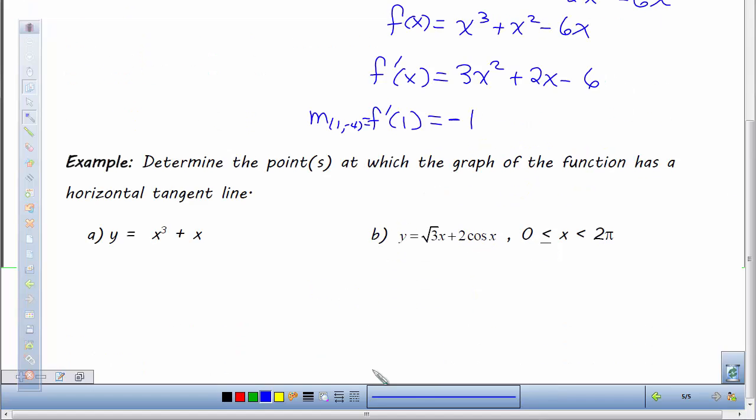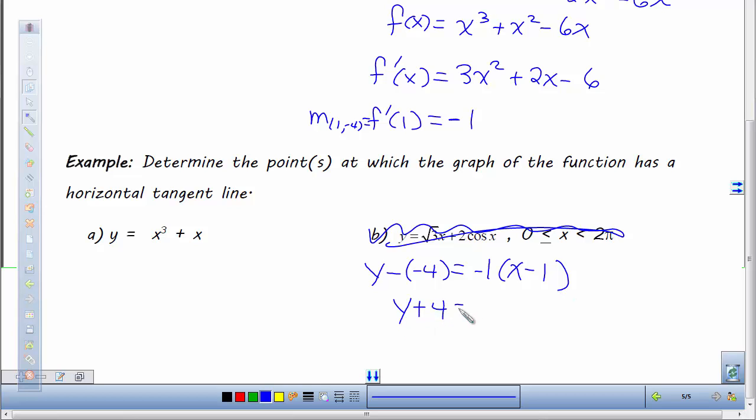And so we can say y minus y1 equals m times x minus x1. Okay, or y plus 4 equals negative x plus 1, right? Y equals negative x minus 3.